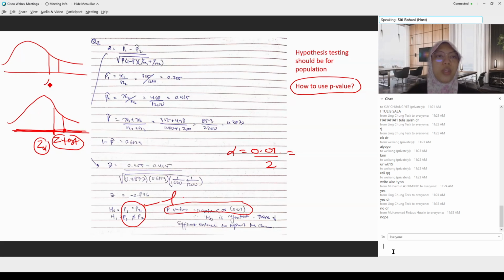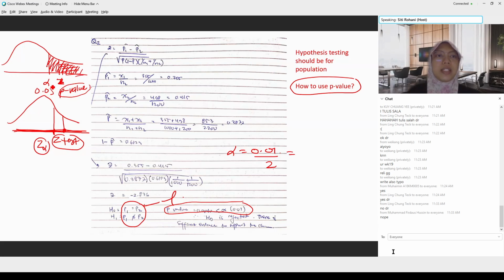So for example, this is the alpha, and we have another, the p-value. Alpha is the area of the region. For example, if your alpha is 0.05, this is the area of the rejection region, while the p-value is the area of your z-test, which is this one.